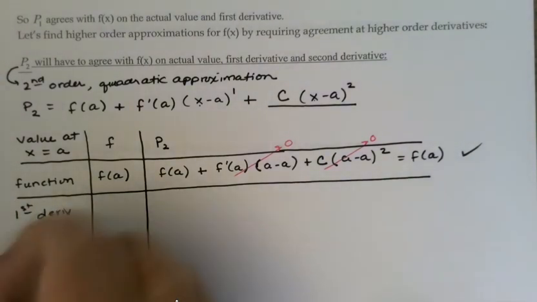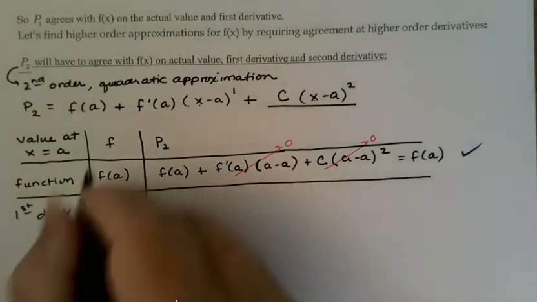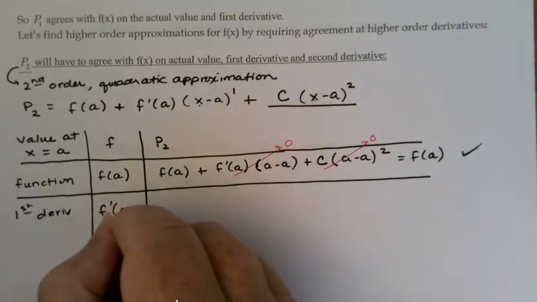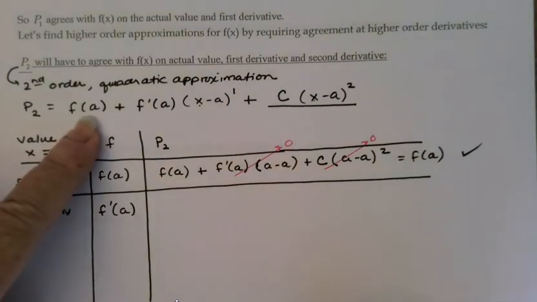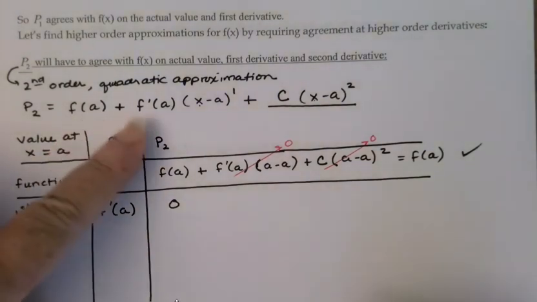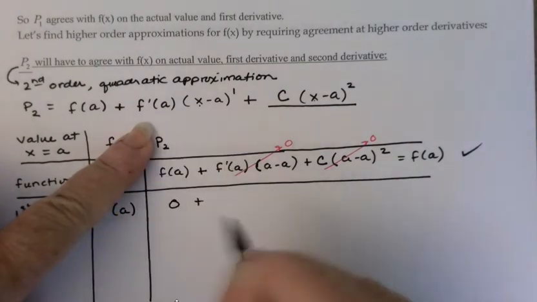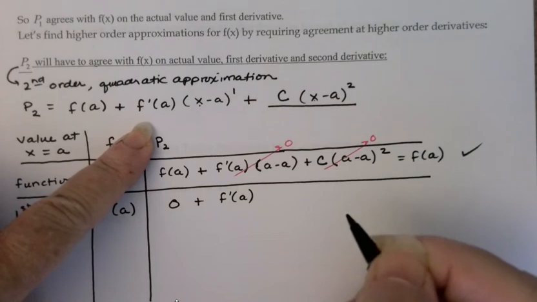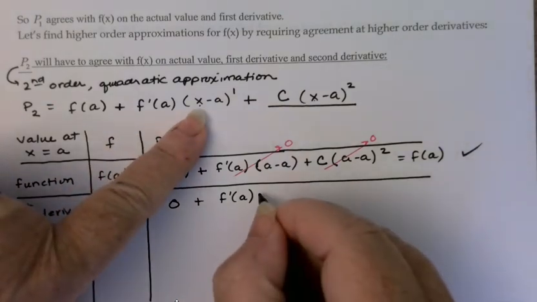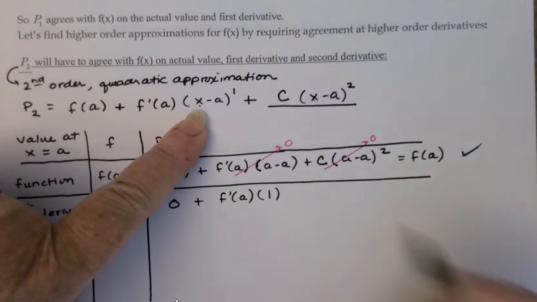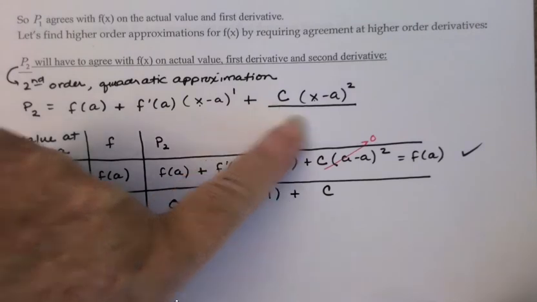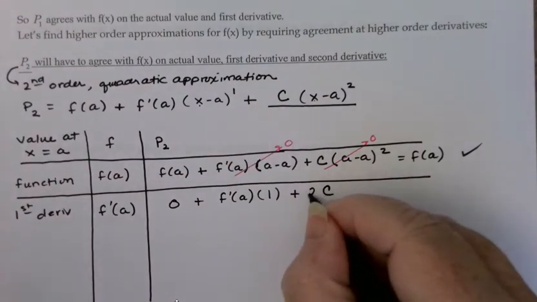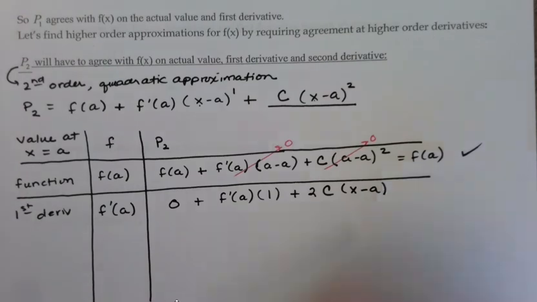All right, what about the first derivative level? The first derivative of f would just be f prime, and we plug a in. The first derivative of P2: the derivative of this constant, f of a, is 0, plus, here f prime of a is a constant multiplier, and then the derivative of x minus a would just be 1, plus c is a constant multiplier, and then the derivative of this square would be 2 times x minus a to the first.